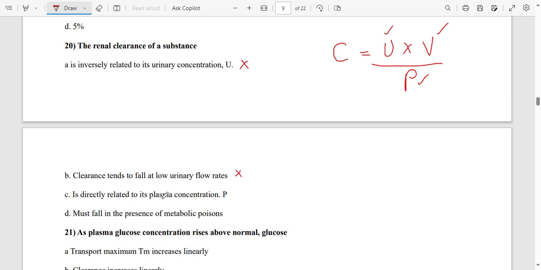It is directly related to the plasma concentration. You can see it is in the denominator, so it is inversely related. So A is wrong, and these other ones are wrong. You don't have a choice but to remain with this one: must fall in the presence of metabolic poisons.